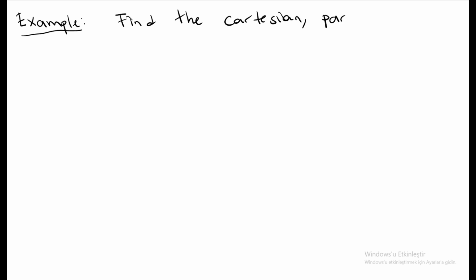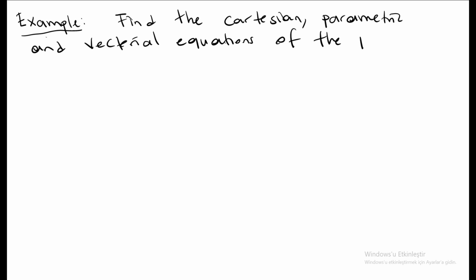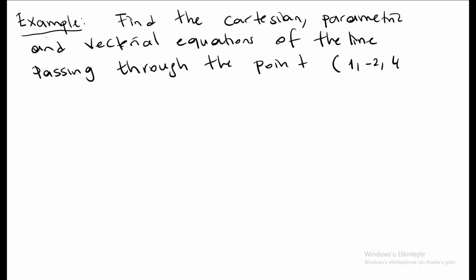Okay, now let me give one example. Find the Cartesian, parametric, and vectorial equations of the line passing through the point (1, -2, 4) and having direction vector (2, 3, 5).